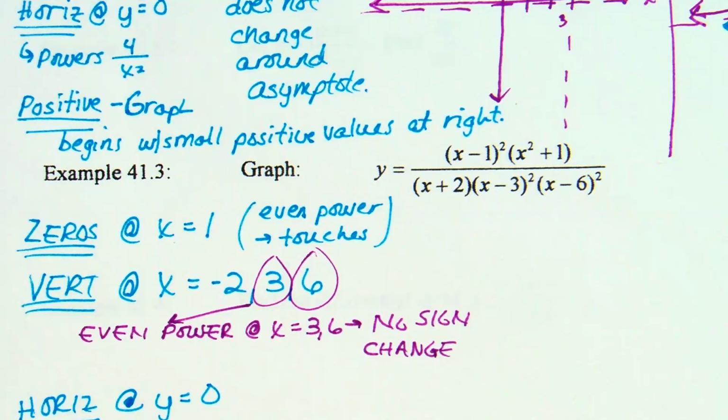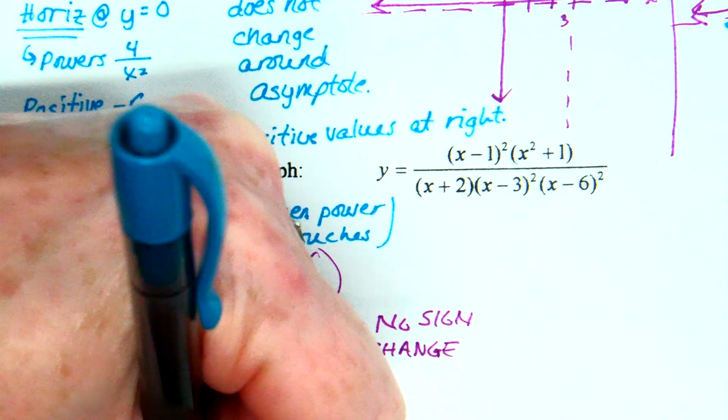A horizontal asymptote is still technically at y equals 0, the x-axis. And we are beginning on the positive side. Okay, so we begin on the positive side, no 0, so we're going to go up.